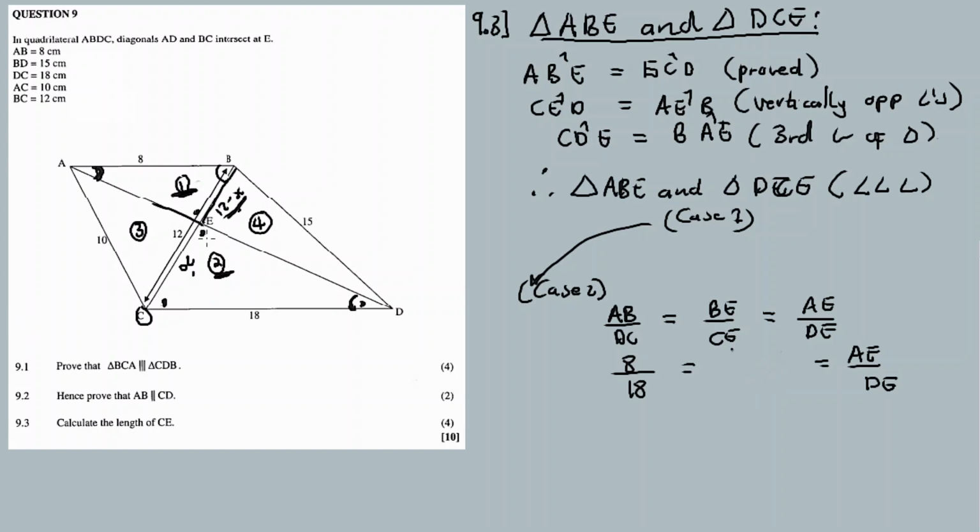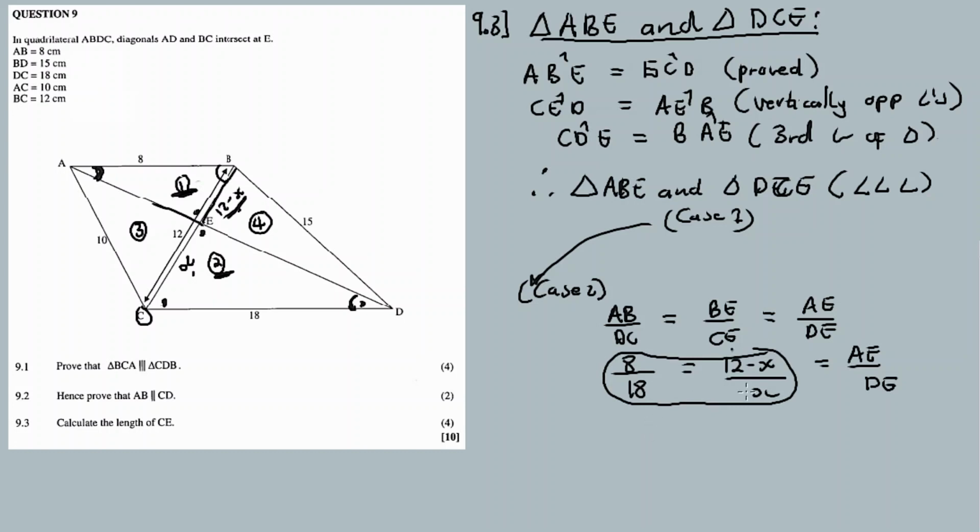BE it's 12 minus x. Yeah, it's 12 minus x. BE it's 12 minus x over CE, which is x. Alright.